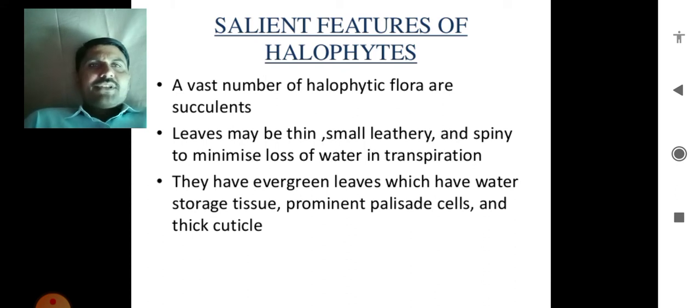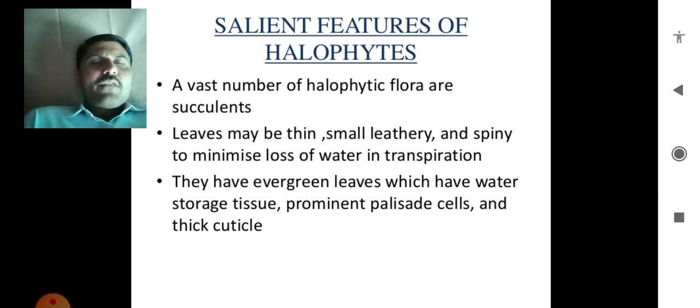Peculiar features of the halophytes: a vast number of halophytic flora are succulents, like xerophytic plants. Leaves are thin, small, leathery, and spiny to minimize loss of water in transpiration.